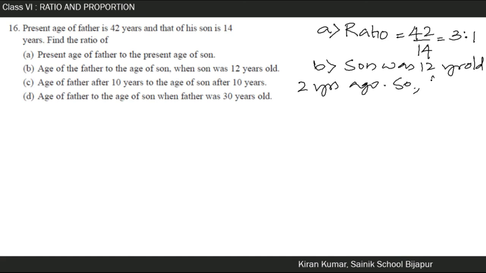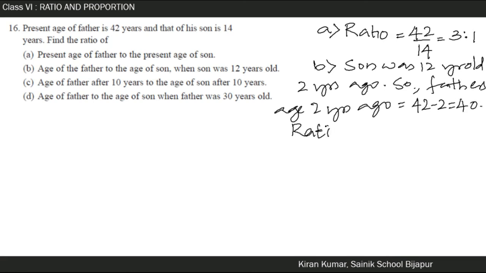So father's age 2 years ago will be equal to 42 minus 2, which is 40. So the ratio will be equal to 40 upon 12. We can further simplify and this becomes 10:3.